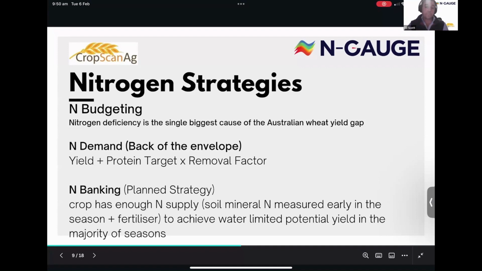There's a bit more discussion and research happening in nitrogen banking. So it's really looking at more of a longer term strategy and saying, how can we keep maintaining, almost no matter what the season brings, let's work on what a season average should be and back ourselves into supplying that level of nitrogen.